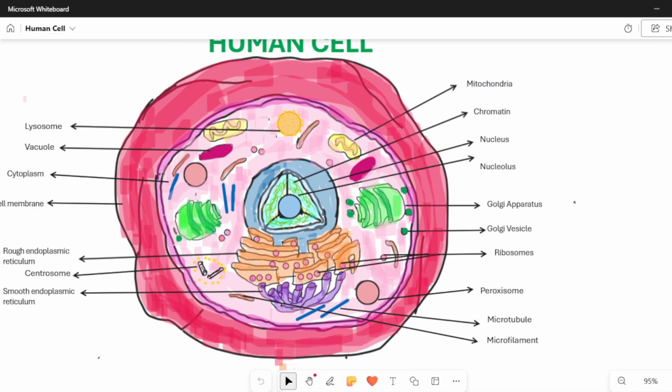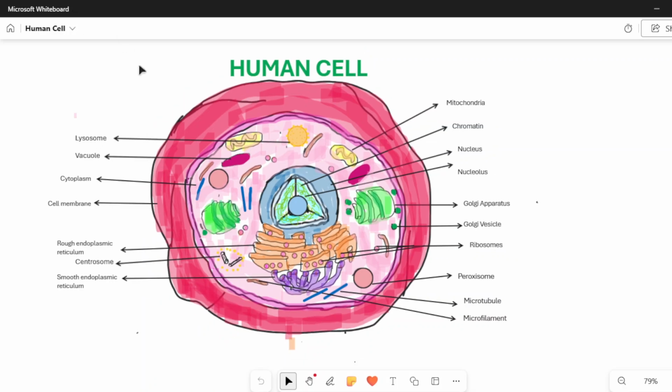If you see, the cell contains a membrane outside it, which is the cell membrane, which is semi-permeable. That means it will allow some things which are useful inside the cell, and which are not useful or bad, it will not allow to enter the cell.